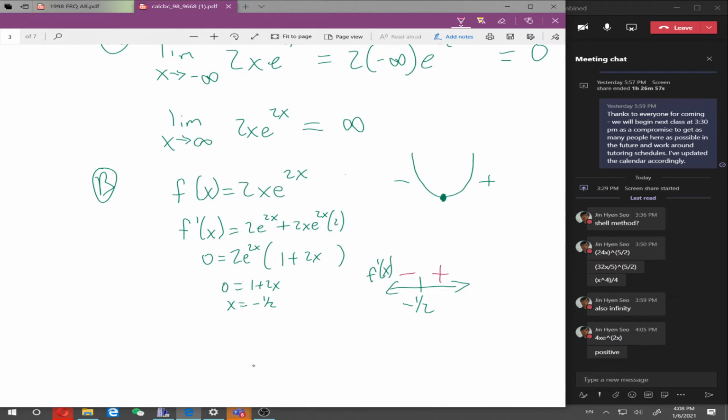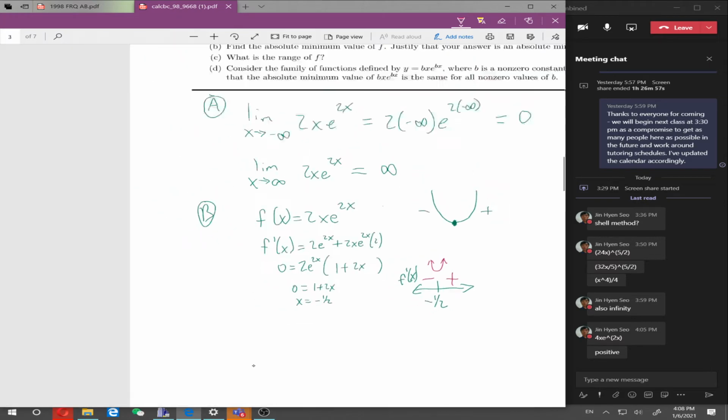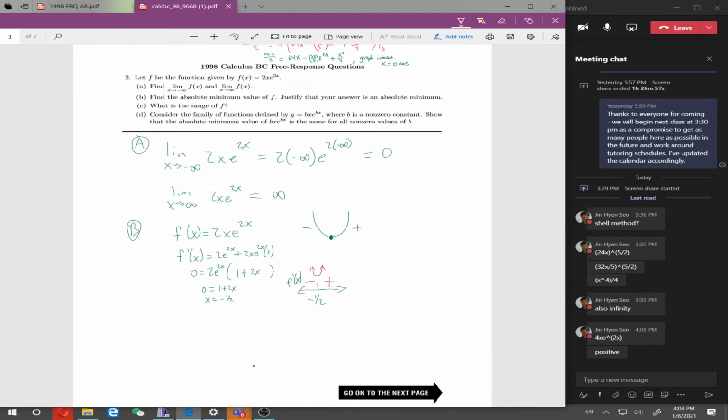Okay, if we plug in 0, our slope will be positive. So that means this is a relative minimum. In order to prove that it is the smallest y value on the interval, I also need to test the start point and end point of any intervals that we had. Now, in our case, I don't think they gave us an interval. They did not give us an interval.